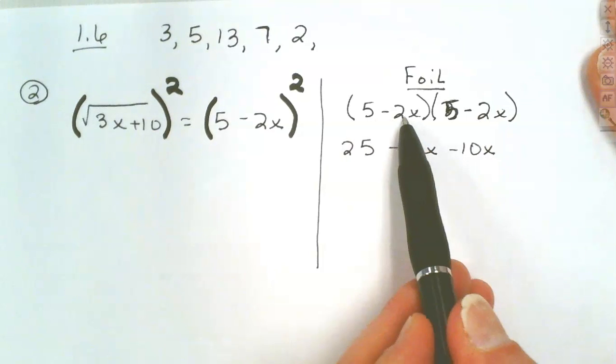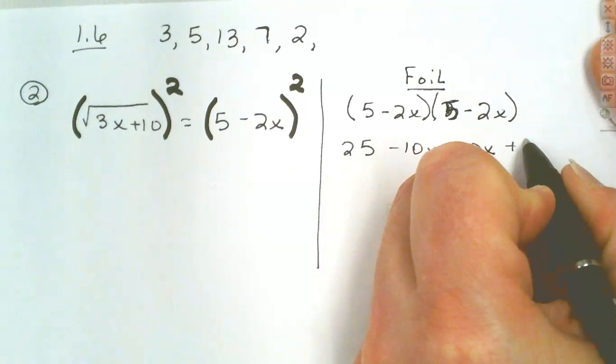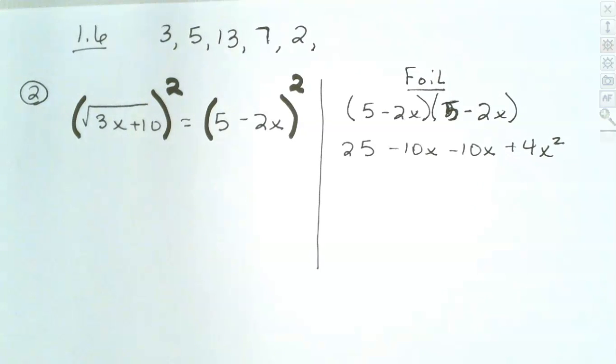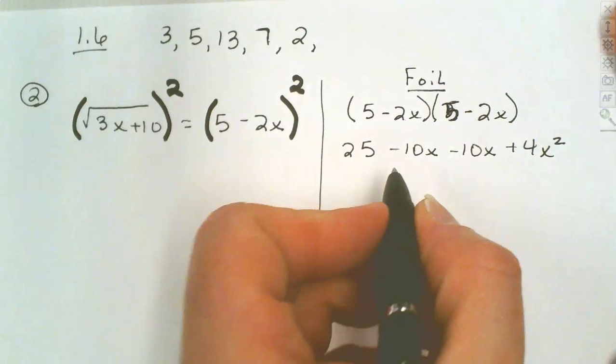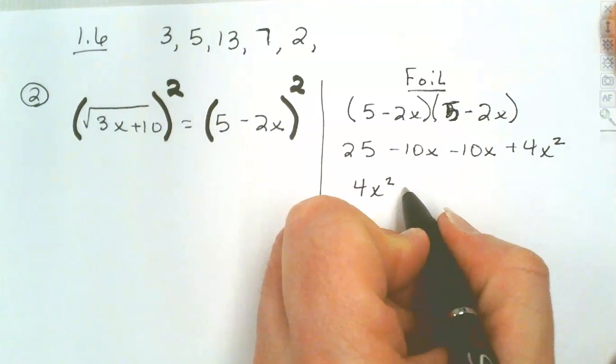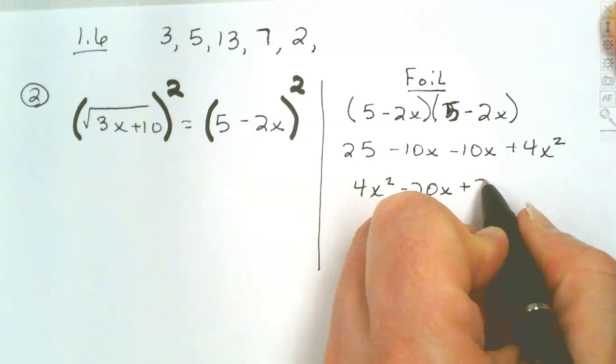Watch your signs because negative 2 times negative 2 makes it a positive 4x squared. I'm going to write it in the correct order with the highest exponent first. So that's going to be rewritten as 4x squared minus the 20x plus 25.